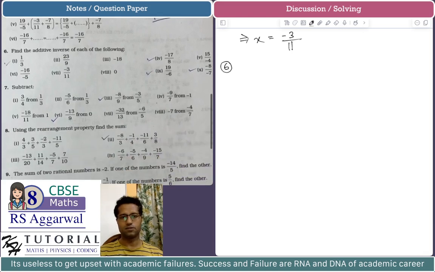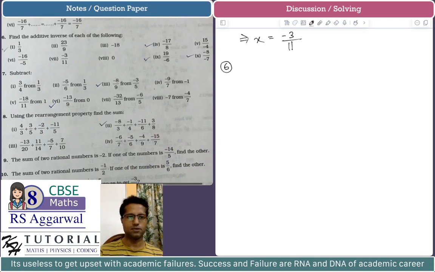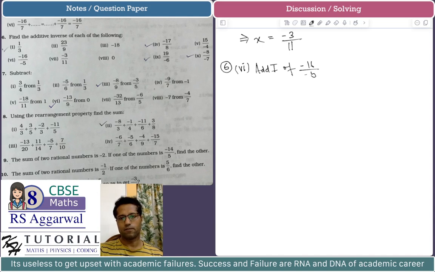Find the additive inverse of each of the following. Okay, so let's see what will be the additive inverse of minus 16 by minus 5. Additive inverse, in short I am writing as add I, means additive inverse. Now to find the additive inverse of a given rational number, you can first convert the rational number to standard form, or at least make the denominator positive.